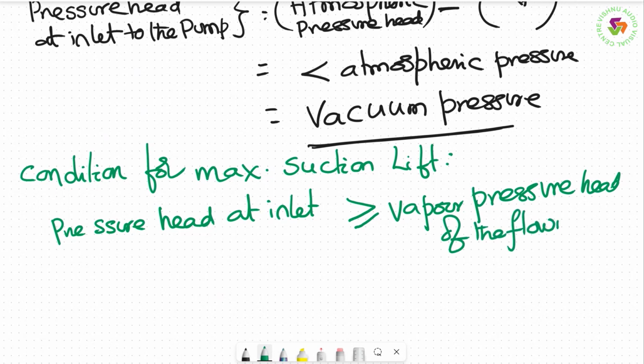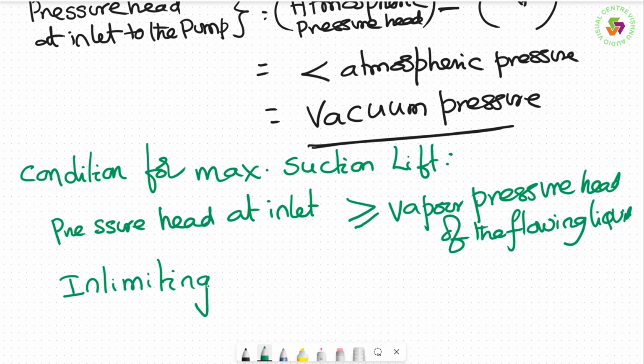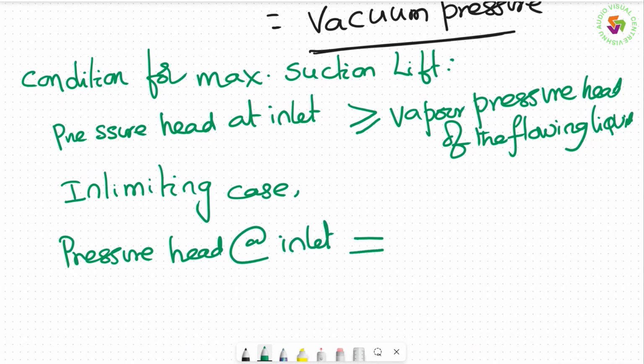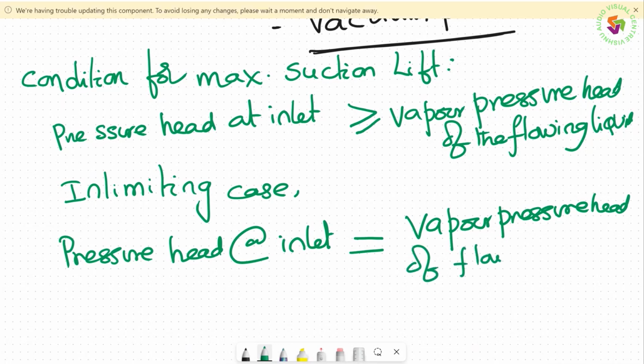If the flowing liquid is water, then you should write the vapor pressure head of water. In the limiting case, because I want the maximum, the pressure head at the inlet should be equal to the vapor pressure head of the flowing liquid.